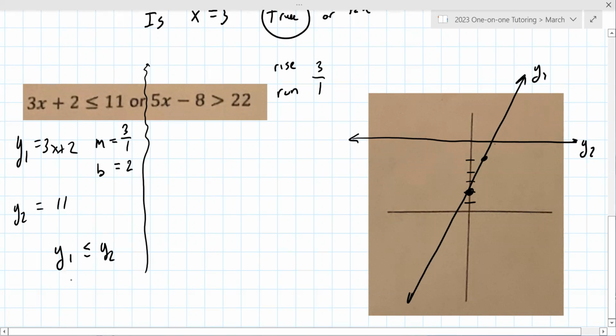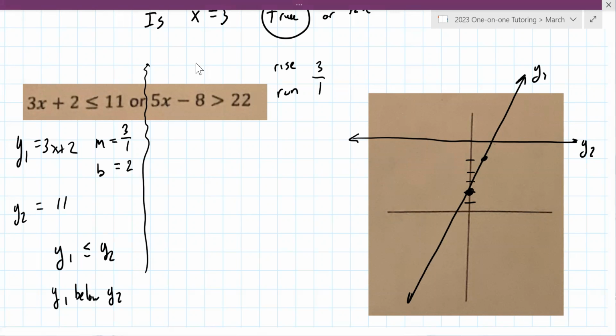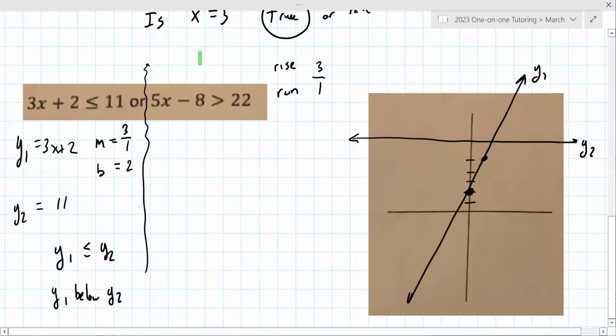Where is y1 below? Less than or equal to means below y2. Wait, can you repeat that? So the y1 is 3x plus 2, y2 is 11. Where is y1 less than or equal to y2? In other words, where is y1 below y2?